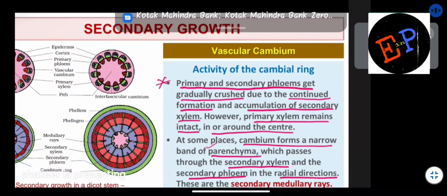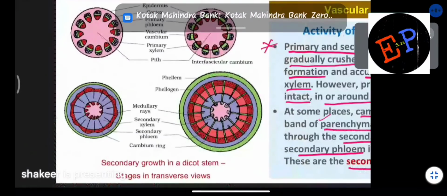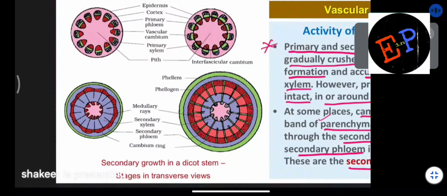Okay, that's it. So here you can see. Okay, ma? See, ma, see this figure. So what are these, ma? What are these medullary rays? Can you say? Primary medullary rays. They are called primary medullary rays. And what are these? Secondary medullary rays. Secondary medullary rays will cut which layers?